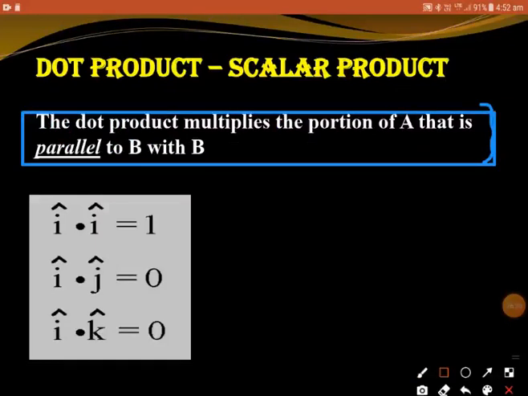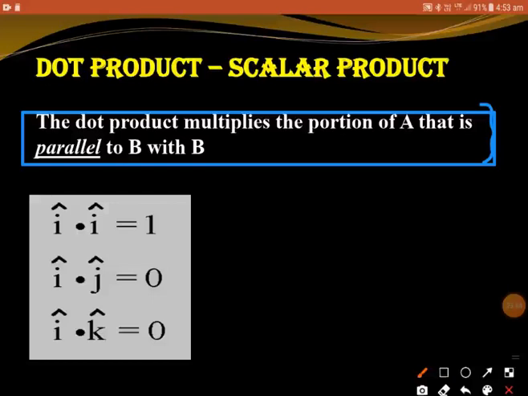The dot product multiplies the portion of A that is parallel to B with B, but in my case I have done it with B. We can say that it is the dot product of the portion of B that is parallel to A with A. Got it?